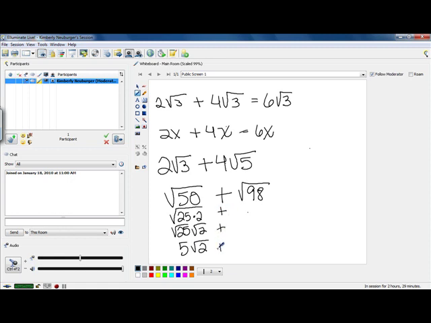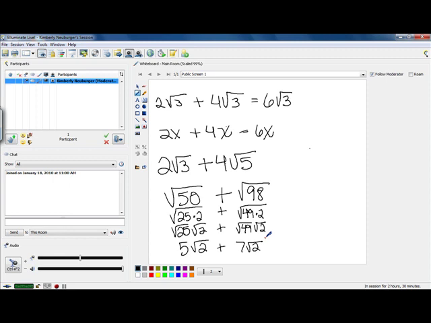Now let's look at our square root of 98. 98 divided by 2 is 49. And 49 is a perfect square. So this can be split up into 49 times 2, which will in turn turn into square root of 49 times square root of 2, and the square root of 49 is 7. So this is 7 square root of 2.